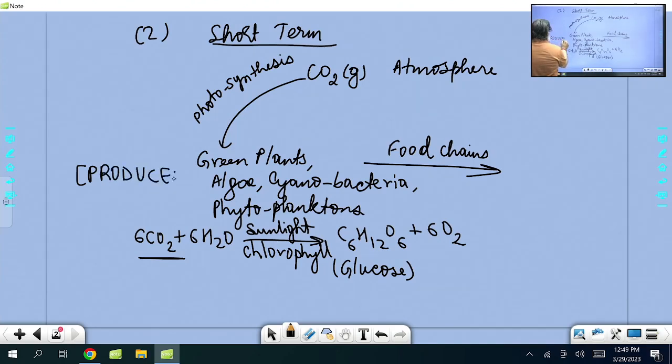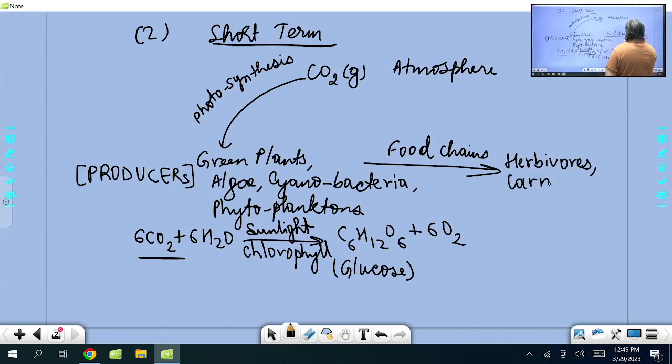Now the consumers, which you all know: herbivores, then carnivores, omnivores, take all this as food.